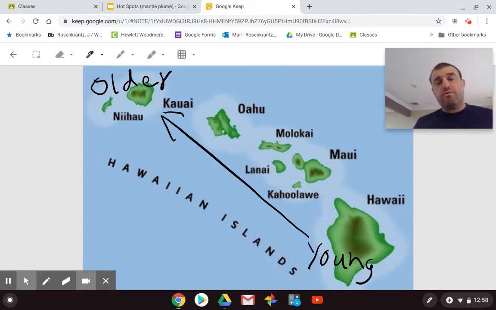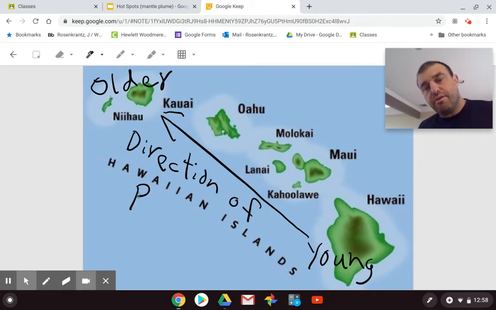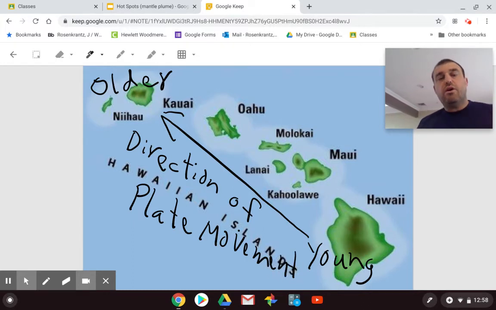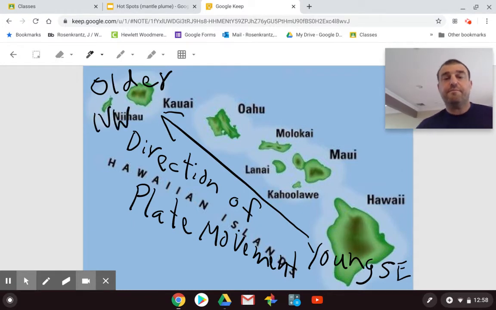And what that arrow represents is what we call the direction of plate movement. So the Hawaiian Islands are moving from the southeast to the northwest. Okay?